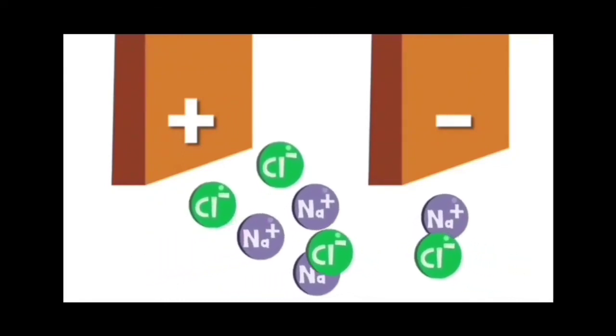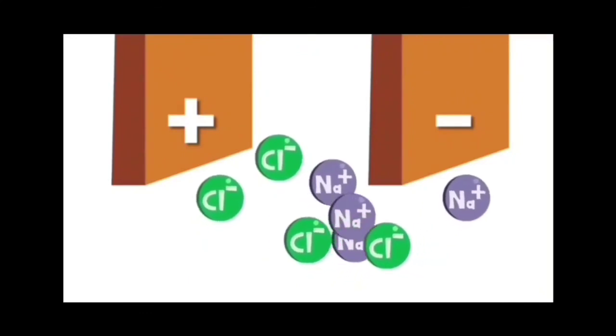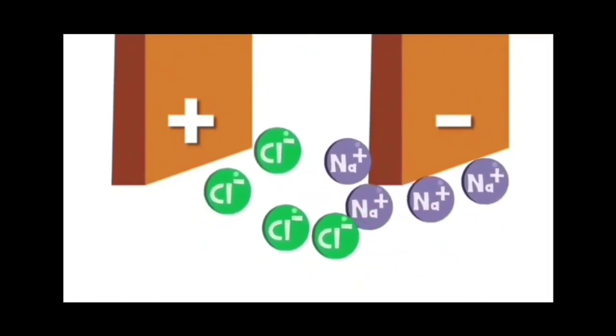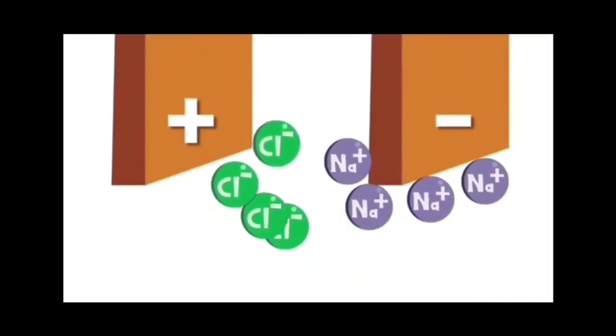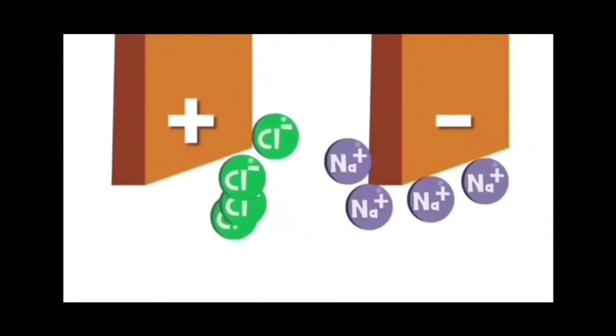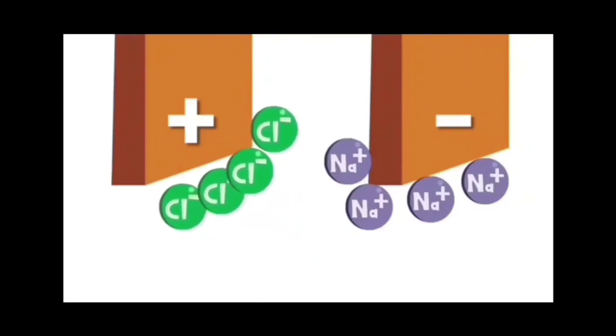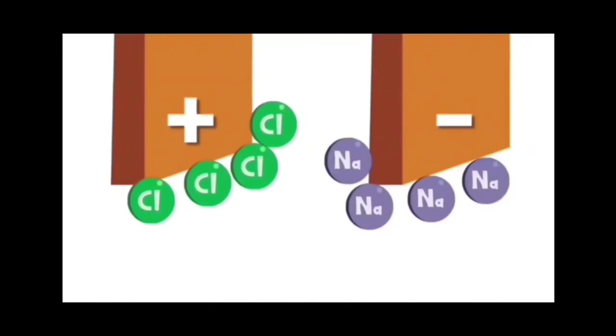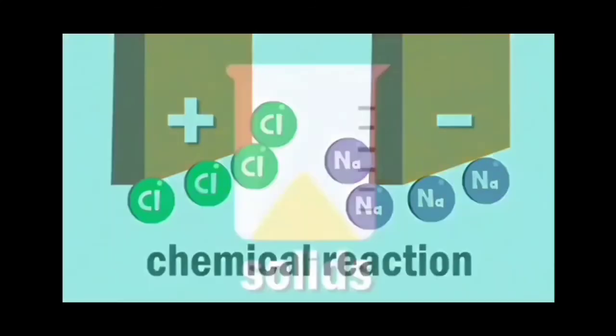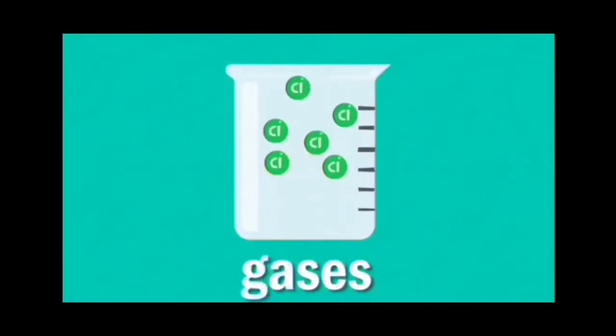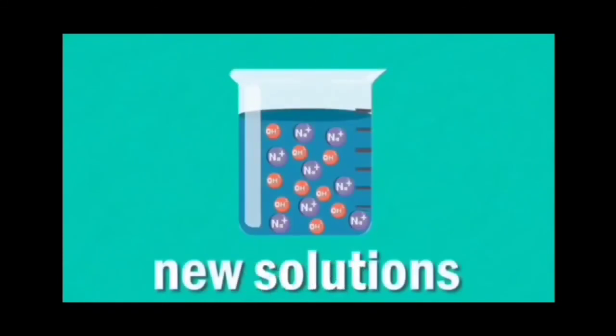The sodium ions move towards the cathode, which is connected to the negative terminal of the battery, and the chloride ions, which are negatively charged, are attracted to the positively connected electrode. The flow of current takes place, causing chemical reactions, which could be formation of solids or gases or new solutions.